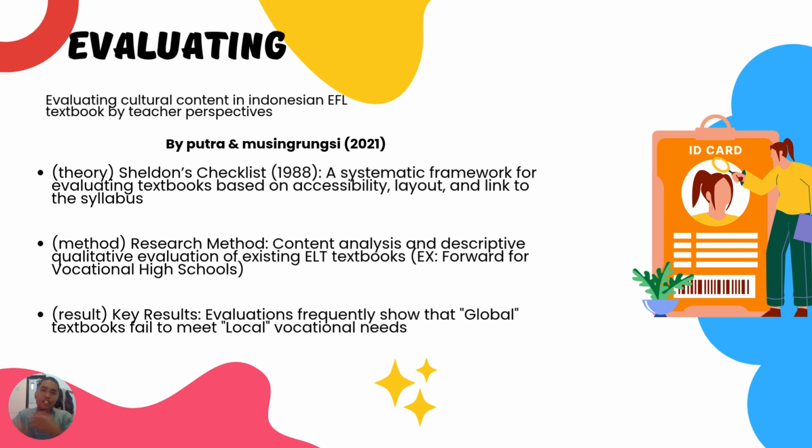The result is the evaluation frequently showed that global textbooks fail to meet local vocational needs. The result also highlighted a lack of integrated skills, like speaking and listening, in many evaluated modules. Also, the evaluation acts as the trigger for the next cycle of development.